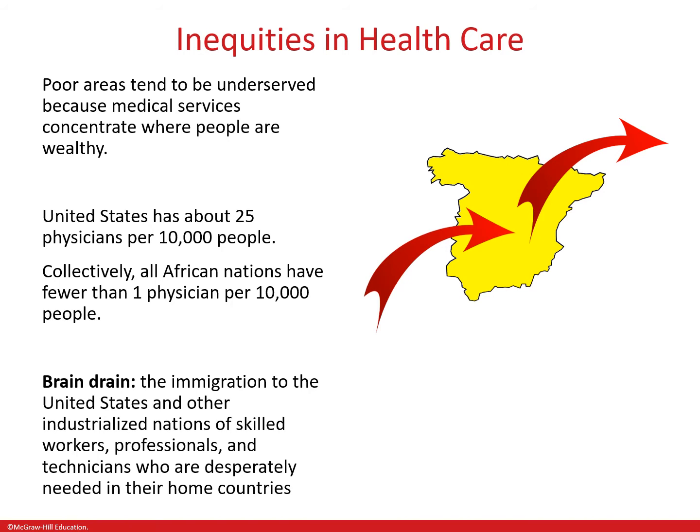Globally, inequities exist as well. For example, in the U.S., there are 25 physicians per 10,000 population, compared to fewer than 1 per 10,000 in African nations. This situation is worsened by what is known as the brain drain, and this is the immigration to the U.S. and other industrialized nations by skilled workers, professionals, and technicians.